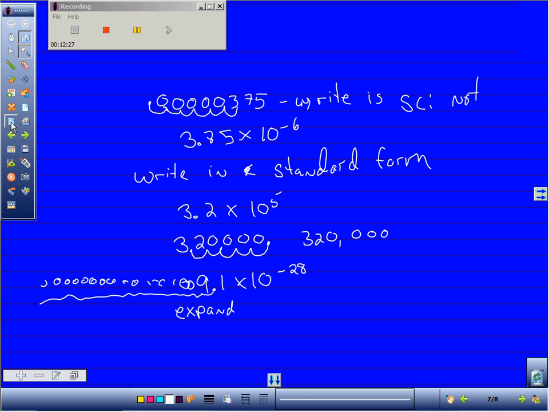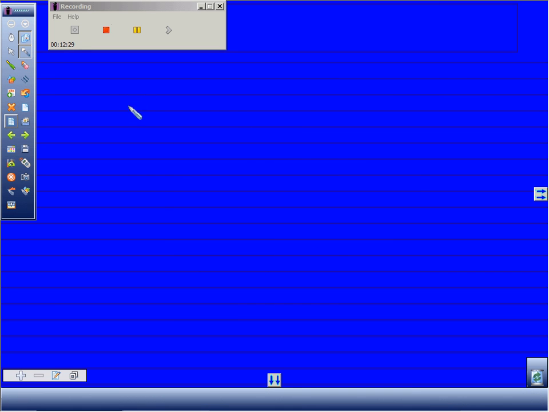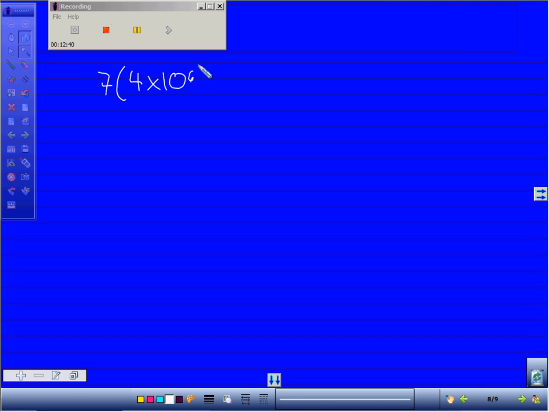Next type of problem you're going to see. They'll say, write 7 times 4 times 10 to the 6th. Say Mr. Rich is going to give 4 times 10 to the 6th dollars to all of his 7 grandchildren. How much money is he going to give away? And write that in scientific notation. So if I multiply something like this, I go 7 times 4, which is 28.